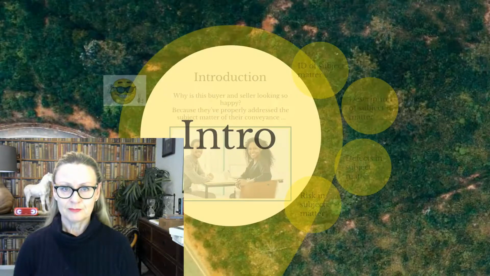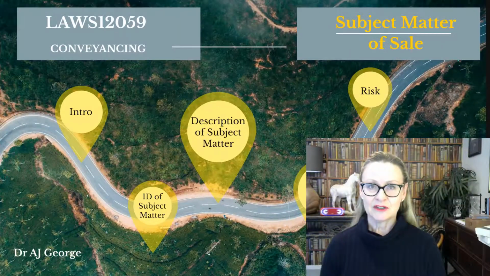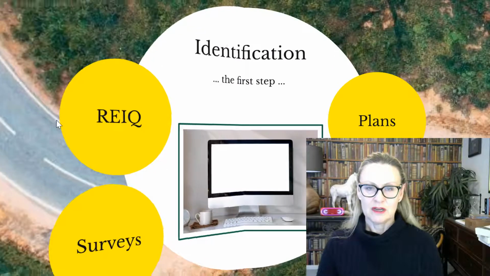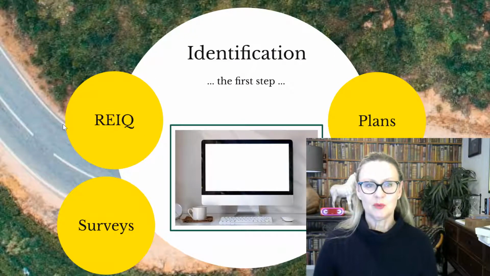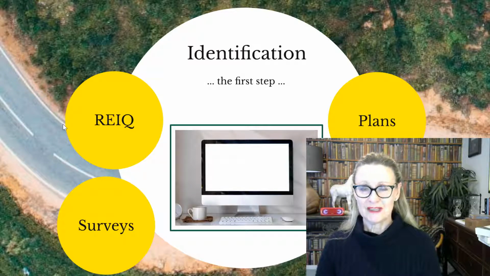So looking first at identification of subject matter. Now, identification of the property will involve a decent description in the contract, and the description may also extend to plans attached to the contract.